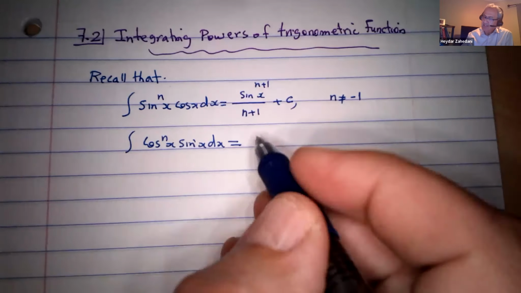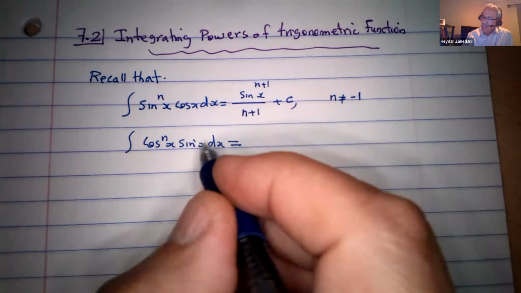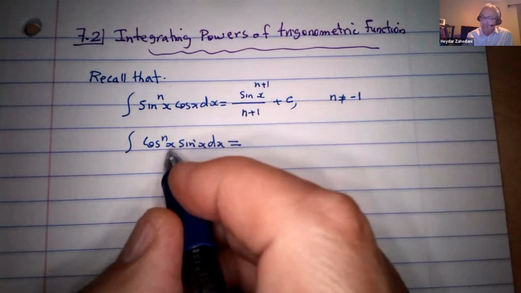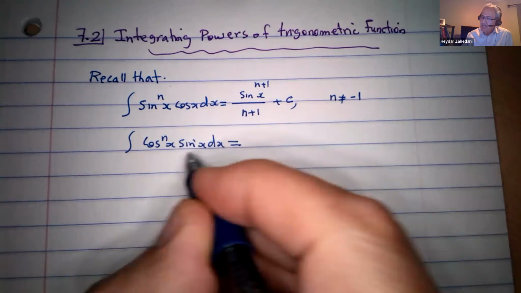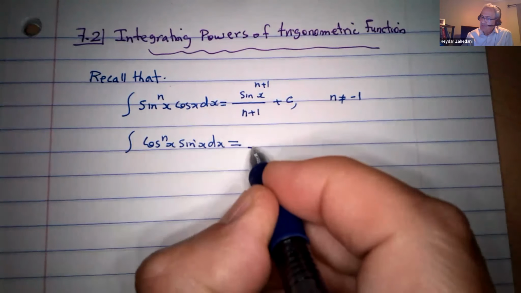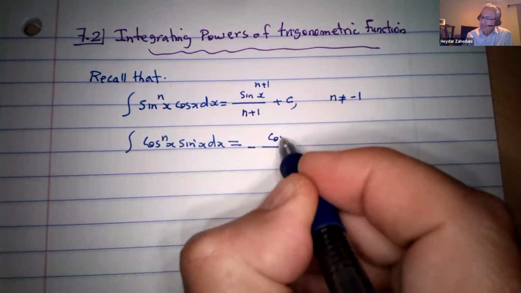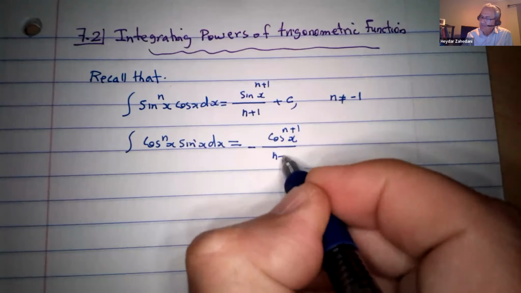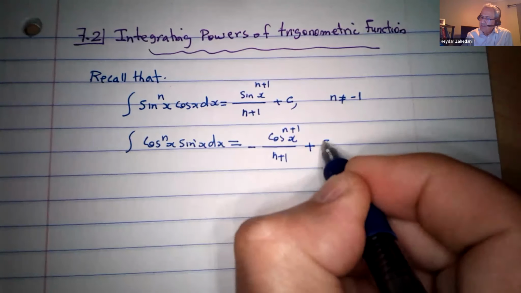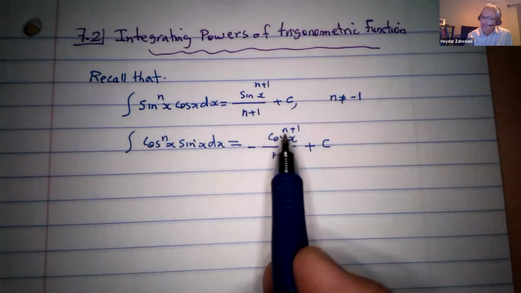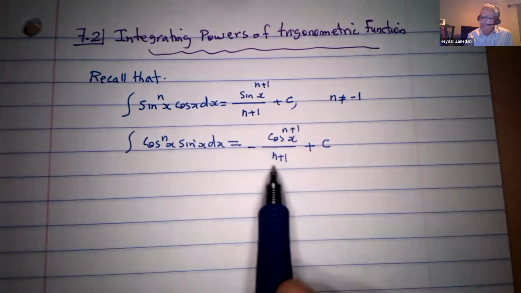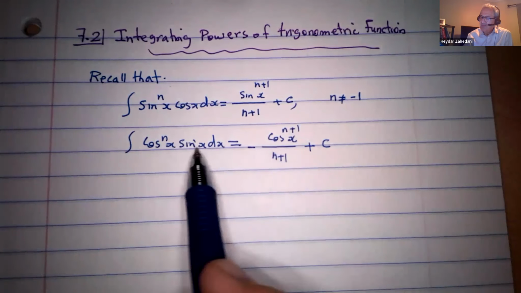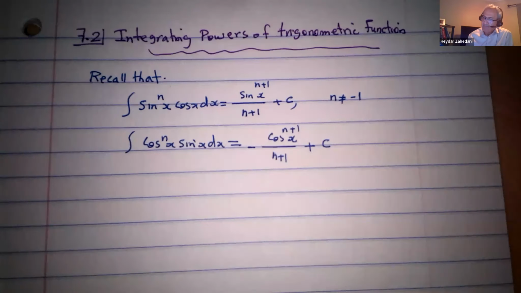The integral is going to be negative cosine to the n plus 1 of x over n plus 1, plus the constant c. If you differentiate it, you bring n plus 1 down and simplify. The derivative of a cosine gives negative sine, negative times negative is positive, and the 1 goes down.